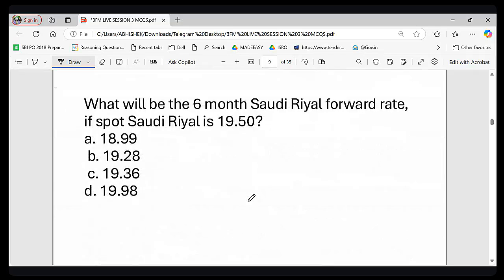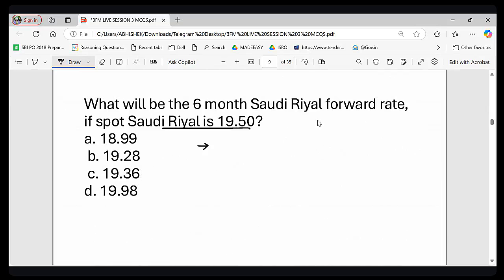So now, Sudhanshu has typed in the chat box. We will apply the same trick. So the question is, what will be the 6-month Saudi Riyal forward rate if the spot Saudi Riyal is 19.50? So just see what we are basically doing. So, spot Saudi Riyal is 19.50 and you are familiar with the rate.